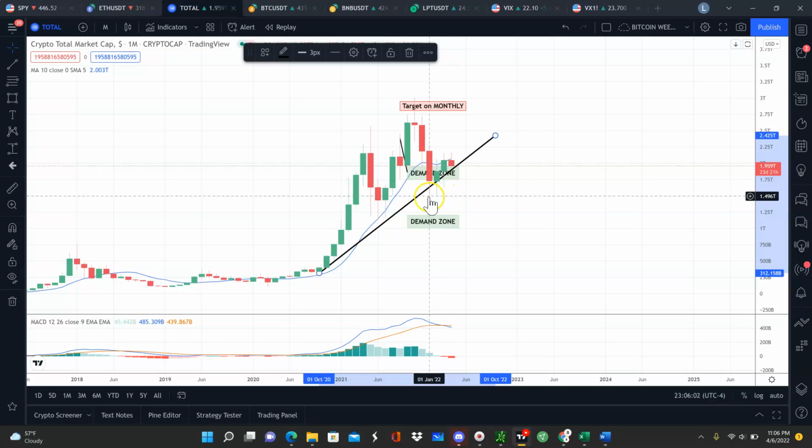After 1.75 trillion, maybe looking at the lower 1.6s on down to 1.5. If that gives way, then I'd be looking to see if crypto comes down closer to the 1.3 to 1.2 area.